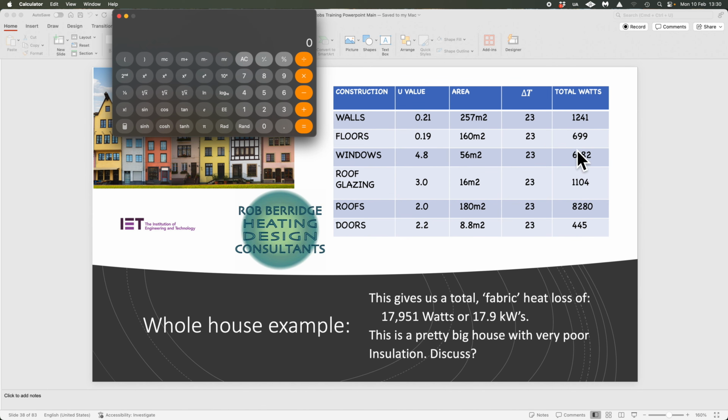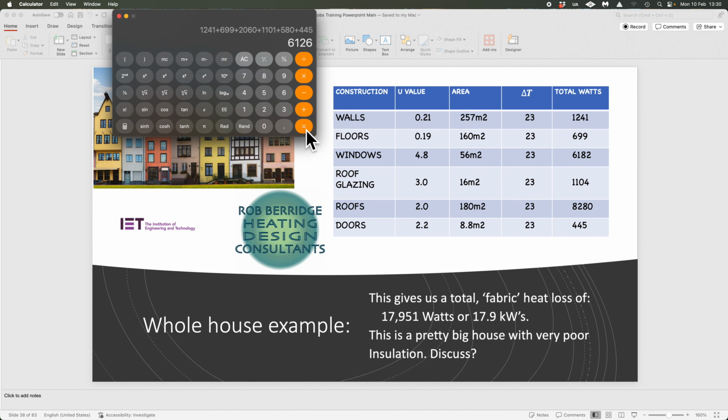So if we now add all these up, we've got 1241 plus 699 plus what was it, 2060, plus 1104, plus 580 is all we had on that, 580 watts, plus your last one of your doors, which is 445.